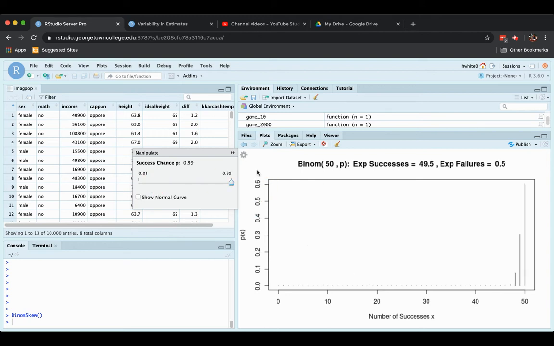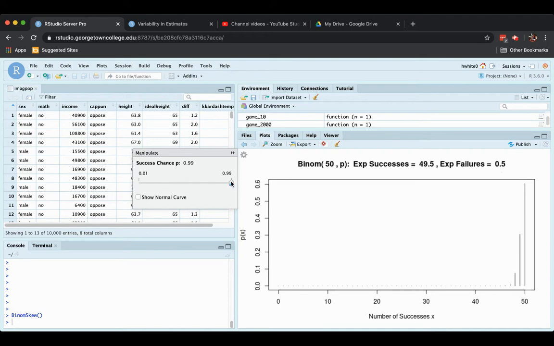Let's try it the other way around. Let's move the chance of success to 99% on each trial. You get a mirror image of what happened before. Now you're overwhelmingly likely to have all 50 of your trials be successes. Not very likely at all to get much less than 50 successes. Expected successes, 49.5. Expected failures, really small.